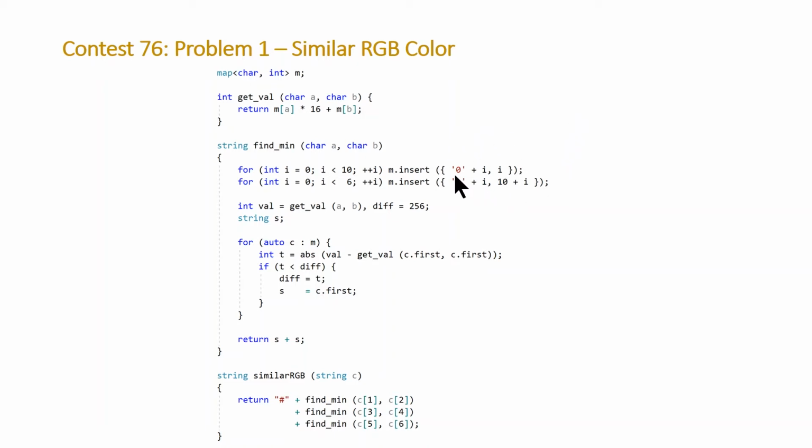So 0 is going to be 0, 1 is going to be 1, and then when we get to A, that's going to be 10, B is going to be 11, and so you can see we're looping from 0 to 9, and then 0 to 5 inclusive, and we're adding 10 to the 0 to 5 ones. And this way we're going to end up with a quick way that we can look up the value of our hexadecimal digit.